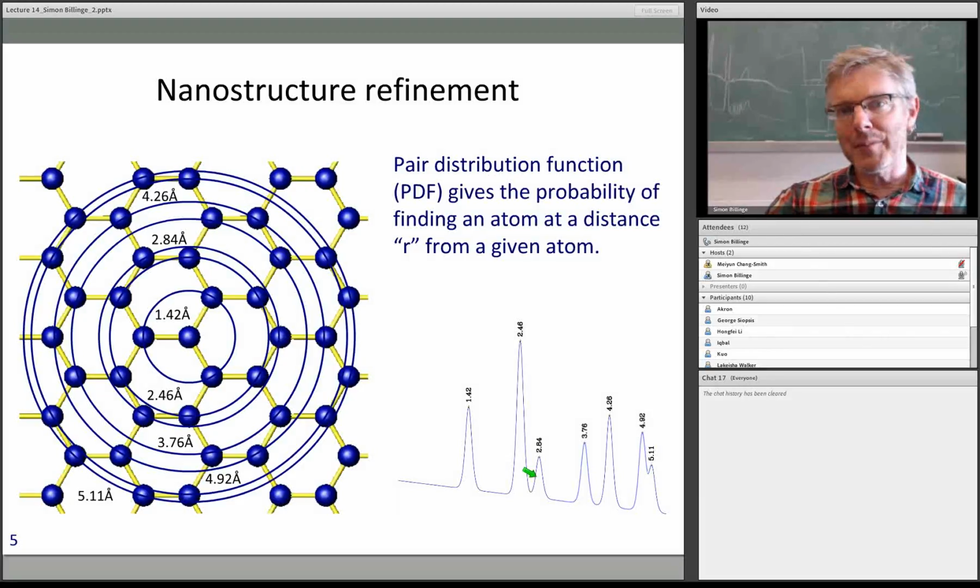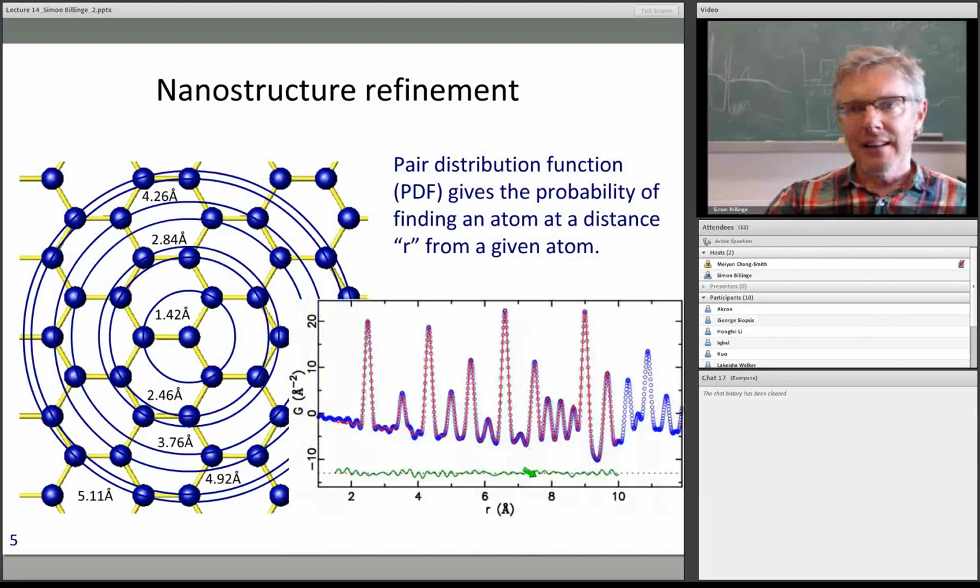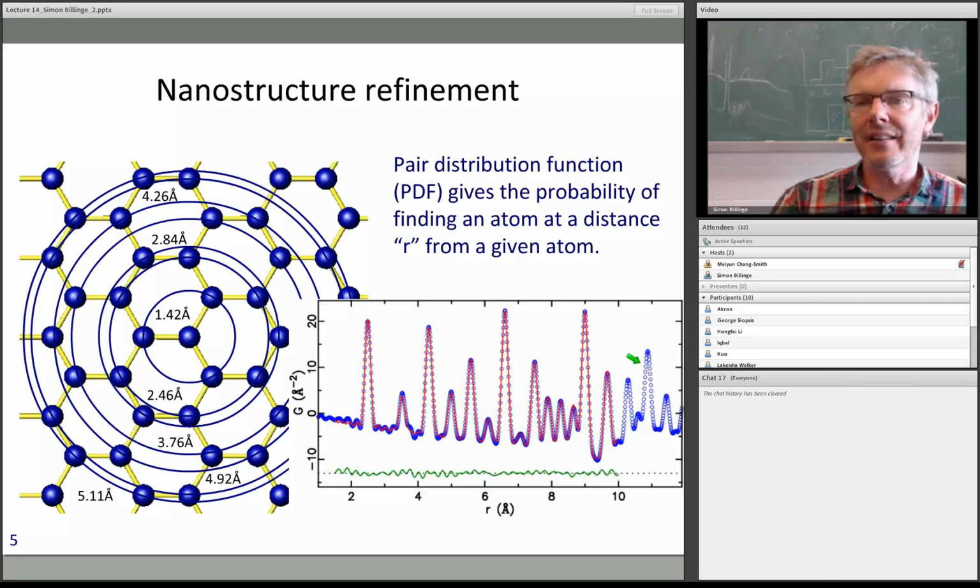And we have programs for doing this now, where we can do regression. So what we can do is we can calculate the PDF from a model, we can compare it to some measured data, and then we can update model parameters in such a way as to get a good fit to the data. So the blue curve here is real measured data coming from nickel, which is an FCC metal. It's a crystalline material.